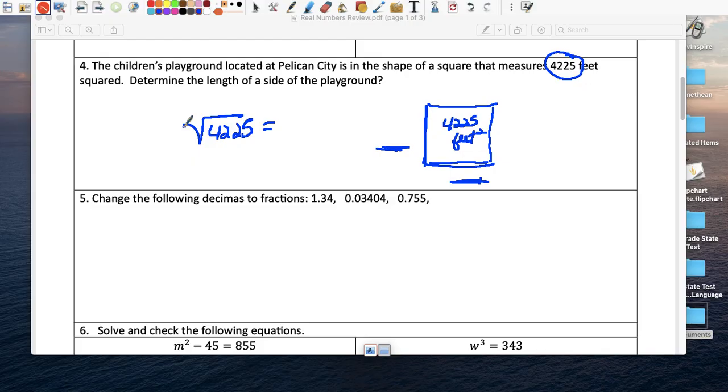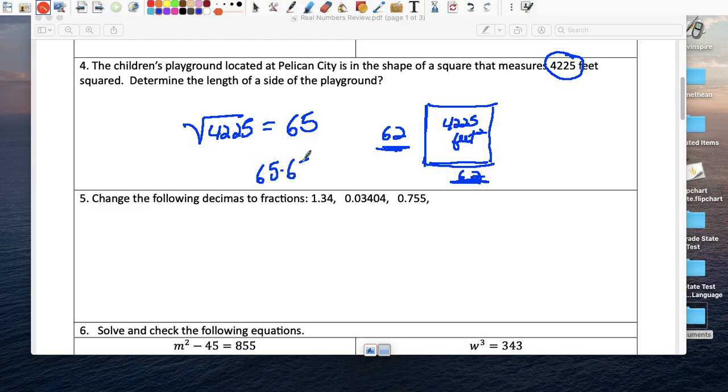Let's try 62. So if you multiply 62 times 62, that's 3,844. Oh, actually, you can just find the square root. What am I doing? Square root of 4,225. Look, the calculator gives you the answer. So all this was not necessary.